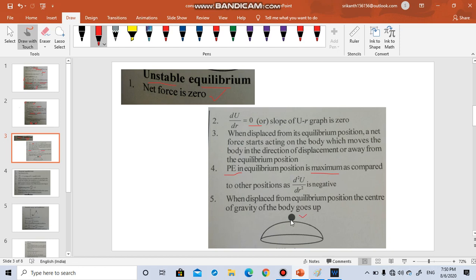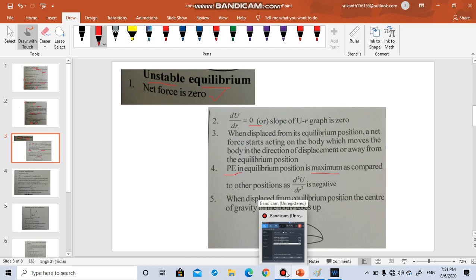Whenever you are calculating potential energy, you have to take a reference line. Taking the bottom of the cup as the reference line, this point is at the maximum height, let us say 5 centimeters. The next point will be 4 centimeters, the next point 3 centimeters from the ground. What is happening?